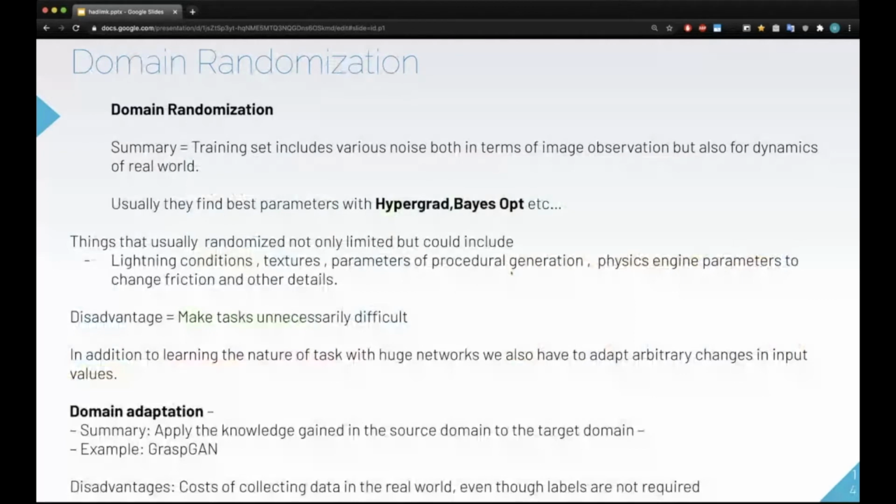And the only two things that remain for the last paper are domain randomization and domain adaptation. These are really interesting concepts, but they have one negative, which is that making all of this work is problematic, because they make the tasks unnecessarily difficult.